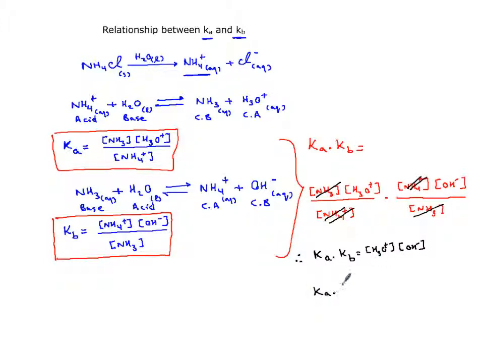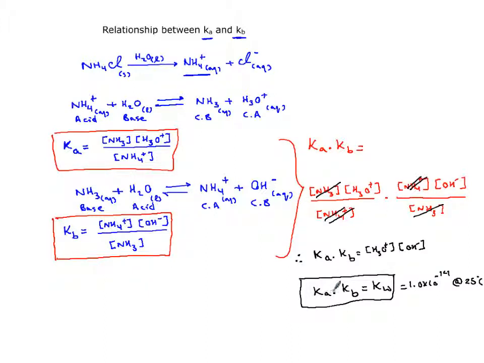Therefore, Ka multiplied by Kb is Kw, and it's equal to that number at 25 degrees Celsius. This is what we should remember if we are missing a Ka or Kb.